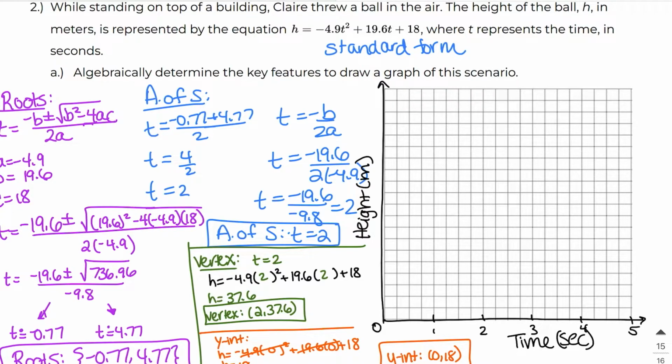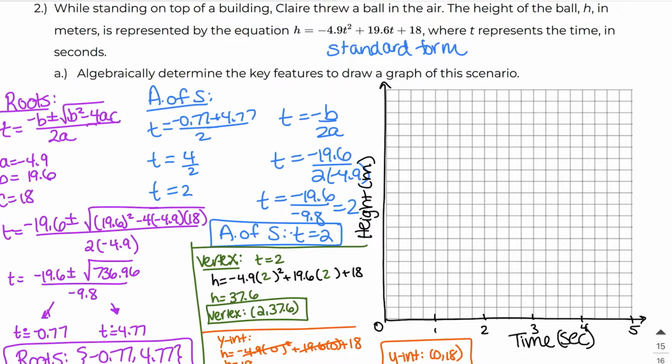And then I also know that the highest point that my graph is going to reach is 37.6. So I'm going to space out my height in a way so I can get to 37.6. There are 20 blocks, so I'm just going to say that every block is 2. So this would be 2, 4, 6, 8, 10. Then I've got 12, 14, 16, 18, 20, so on and so forth. Here we've got 30, and then here we've got 40.